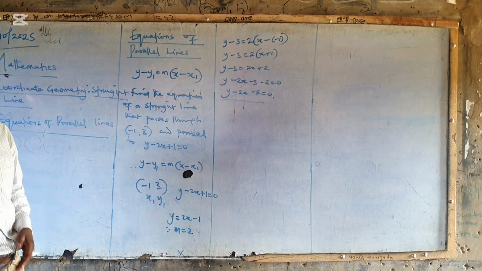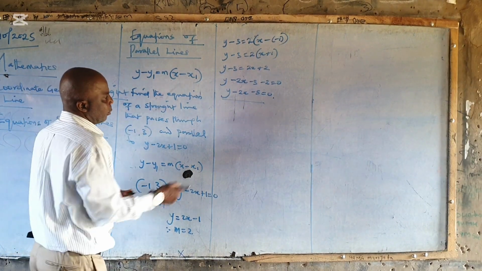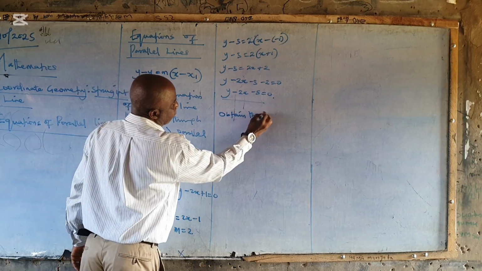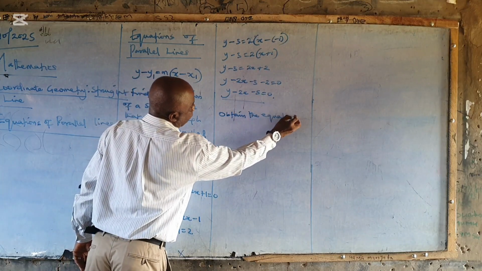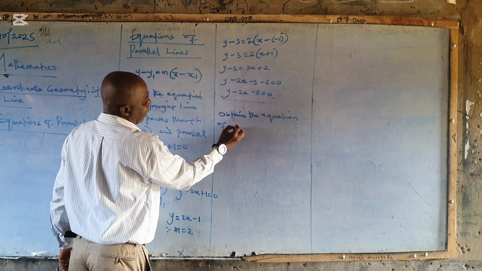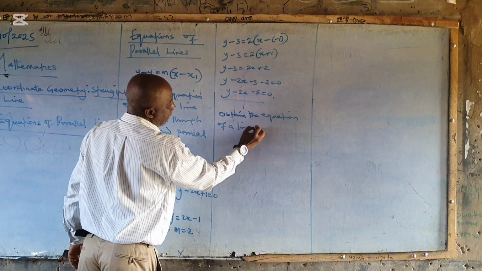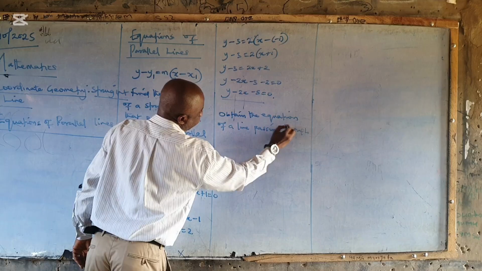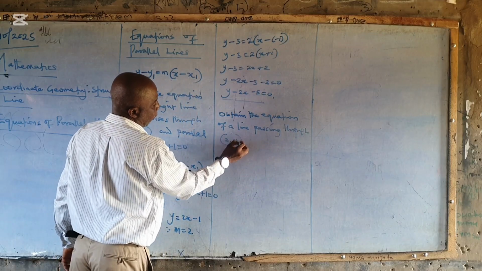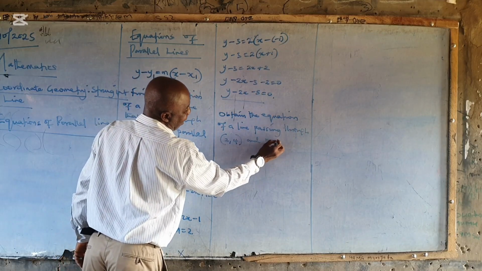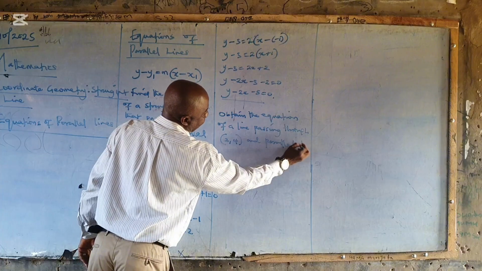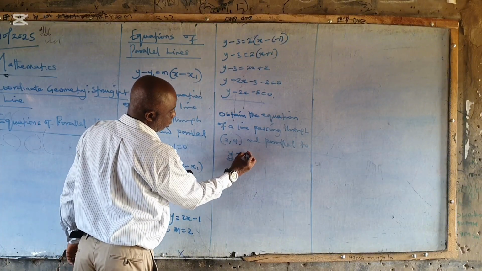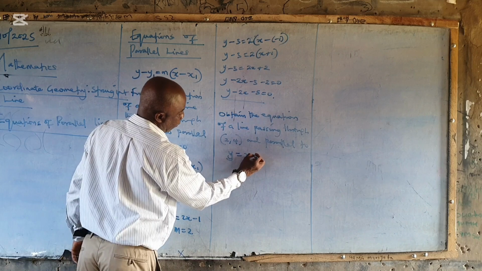Now, we can also take a look at another example. For instance, you may be asked to obtain the equation of a line passing through 2, 4 and parallel to y equals x plus 5.